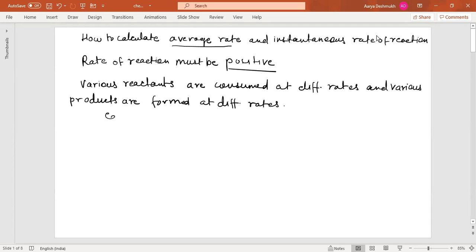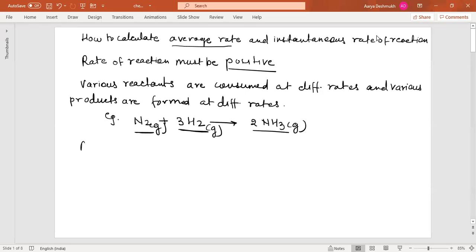For example, like this reaction, nitrogen reacts with hydrogen, 3 moles of hydrogen and 1 mole of nitrogen to give 2 moles of ammonia. Okay, this is a gaseous reaction. Now the rate of consumption. You can see here there are 3 moles of hydrogen, and 2 moles of ammonia are formed when it reacts with 1 mole of nitrogen.